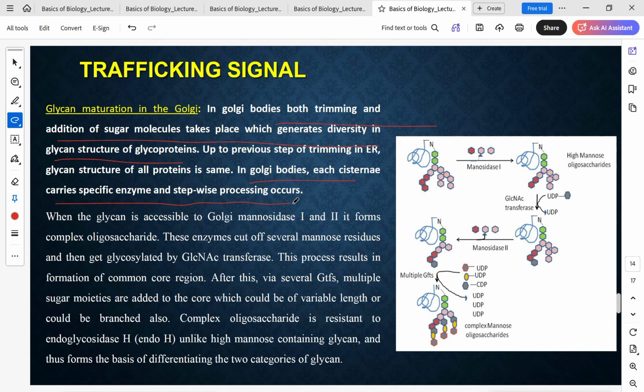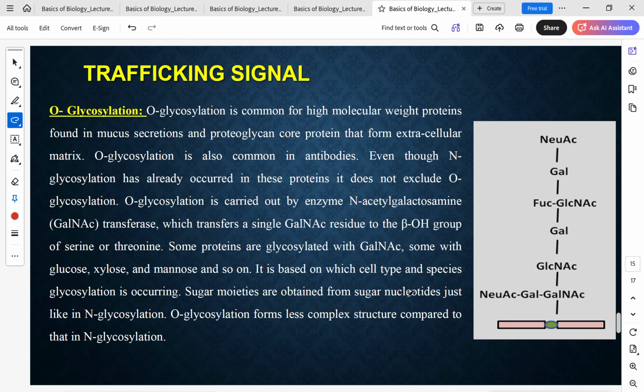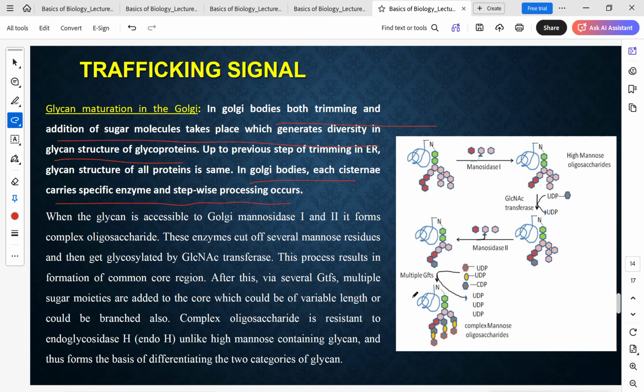It can be mannosidases, it can be GlcNAc transferases, and in the end what you will end up with is something like this: a protein molecule attached to a series of sugar molecules.